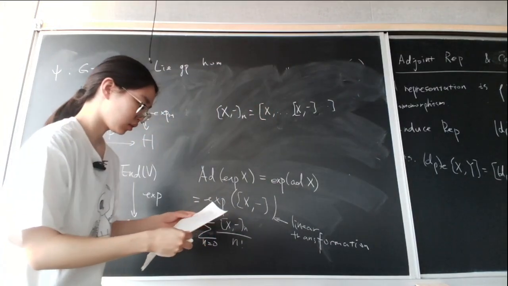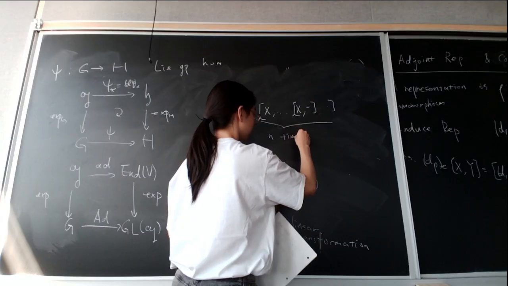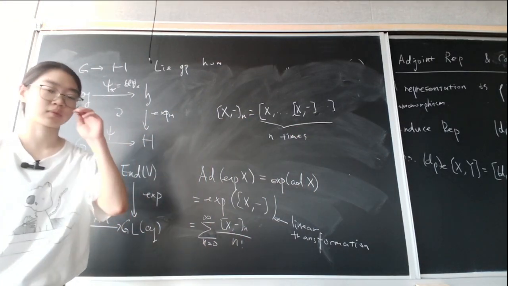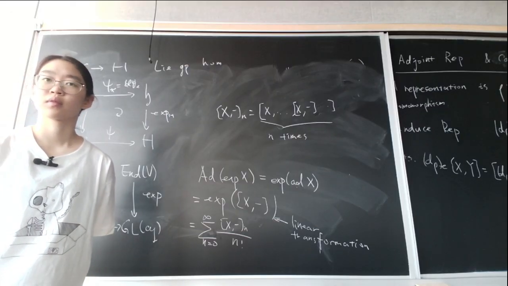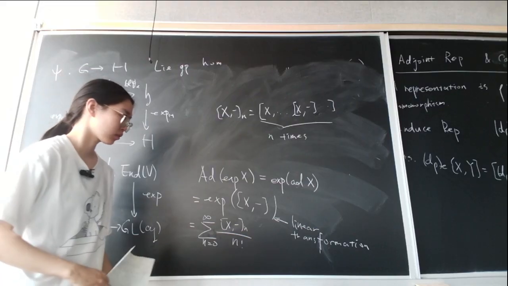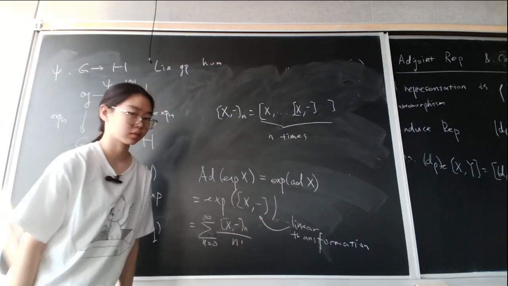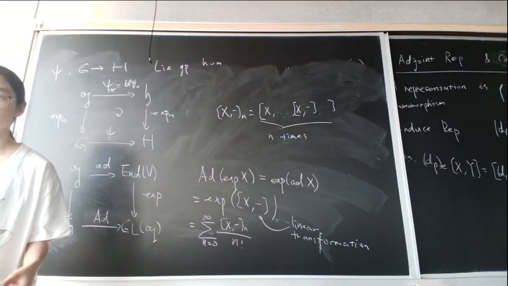Sorry, do you understand this point, that x commutator with some blank space is a linear transformation on the Lie algebra for a fixed x? Yes, if I fix an x, I can look at the operation of taking the commutator of something with x.